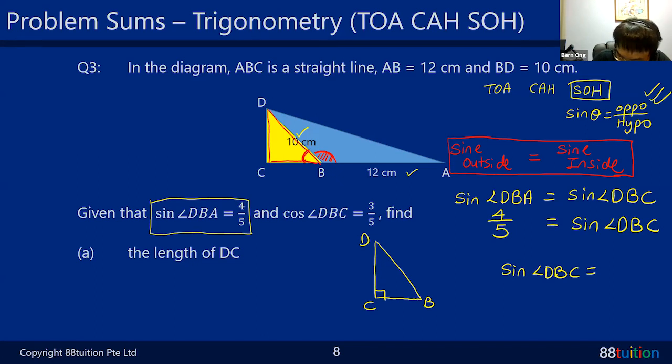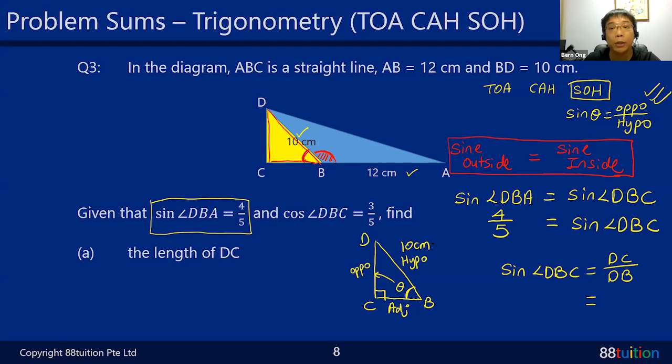If DBC is this angle here, opposite will be your DC, hypotenuse will be your DB, and the odd one out, adjacent, will be your CB. So sine DBC is DC over DB. Do I have the length of DB? DB is 10 cm here.